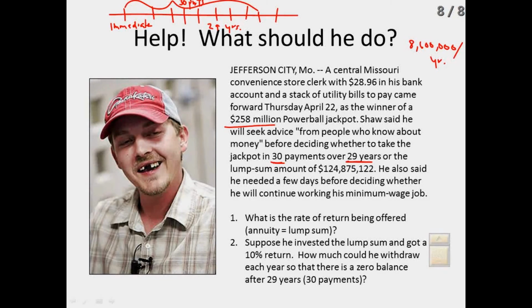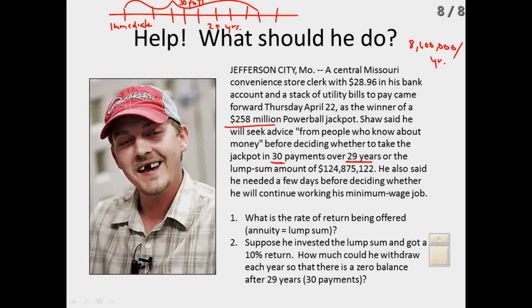So first, if you want to give this guy the best advice you possibly can, you would ask yourself the question: what kind of interest rate would you be assuming that you could get if $124 million today is equal to 30 payments of $8.6 million?